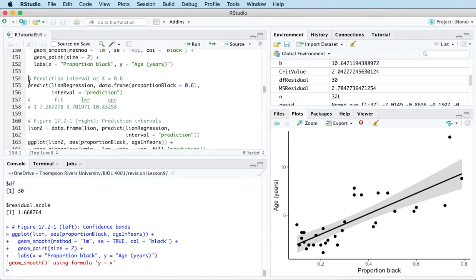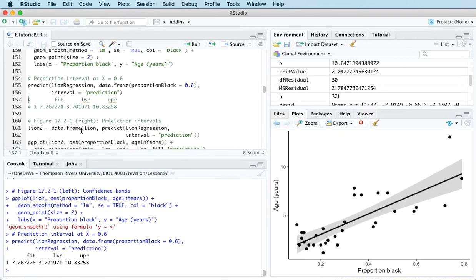And so we're going to be able to see this empirically by using this predict function again, but now we set our interval argument to prediction, and if we run that code, we get the same prediction on the line as before, so the 7.27, but our interval now is much wider. It goes from 3.70 up to 10.84.